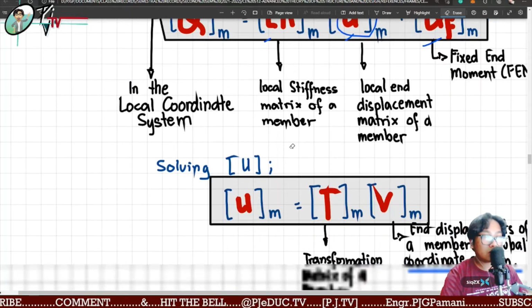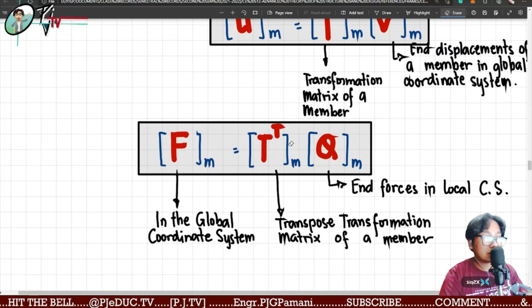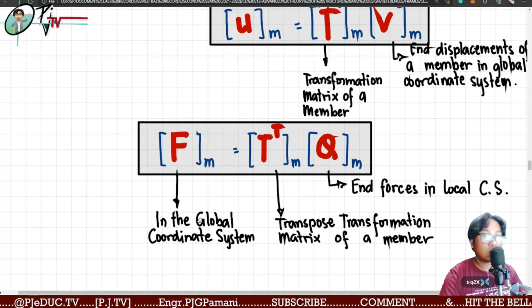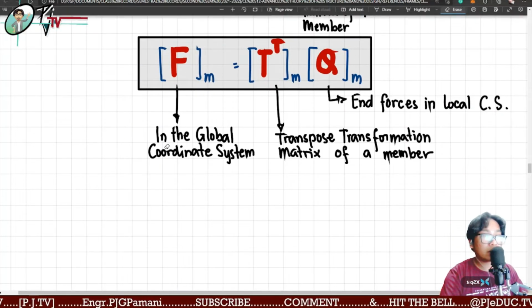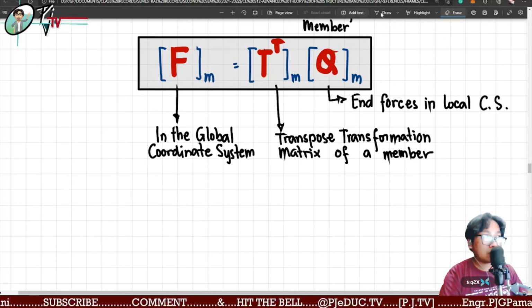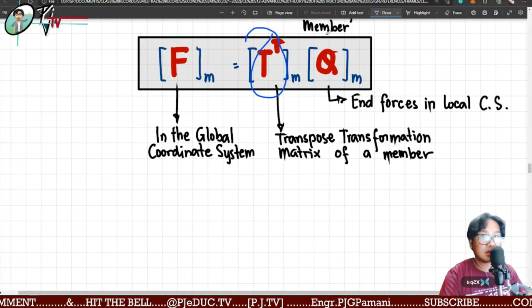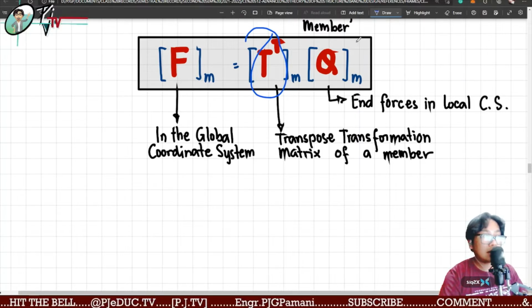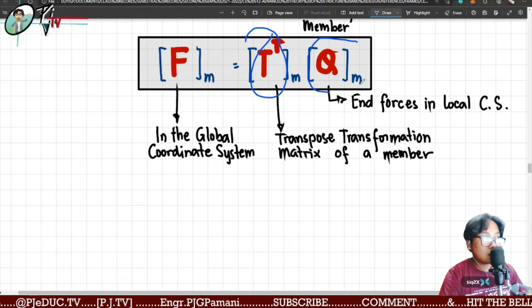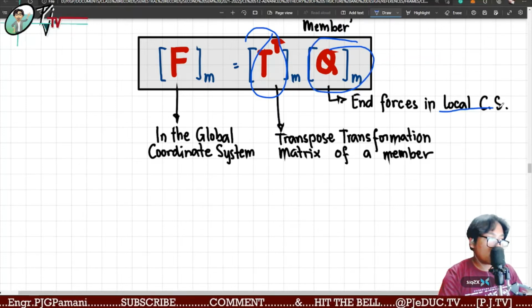So how do we solve the end forces on global coordinate system? Solving the end forces on global coordinate system, that is F equal to the transpose of the transformation matrix times the solved end forces of a member from the local coordinate system.